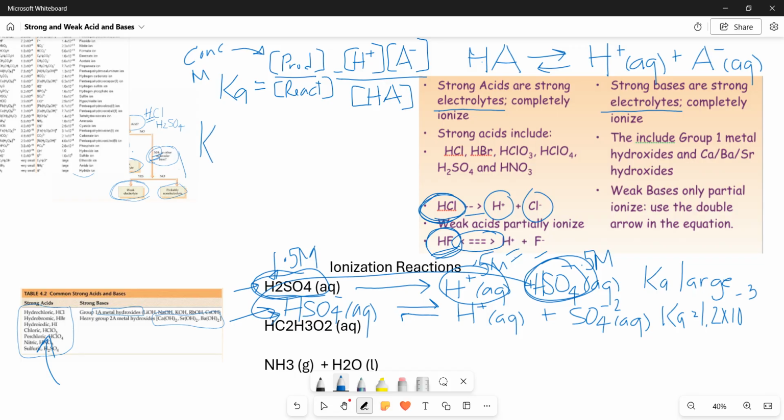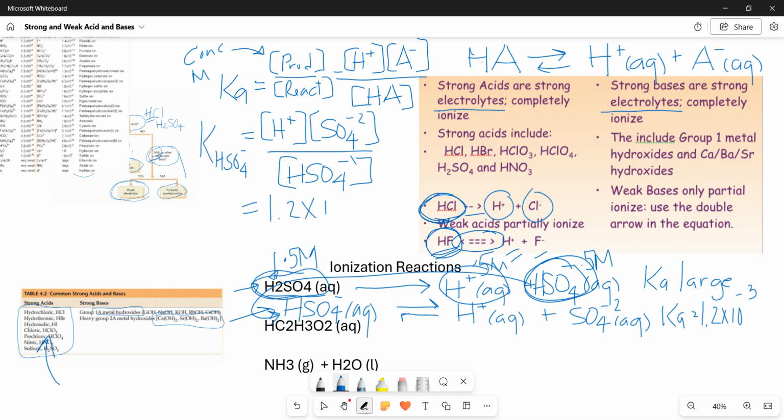So the Ka for HSO4 minus is going to be the hydrogen ion in the second equation times the sulfate ion in the second equation, all over the beginning substance, the hydrogen sulfate. And we have a measured value. Every single time, 1.2 times 10 to the minus third is the value of products to reactants.